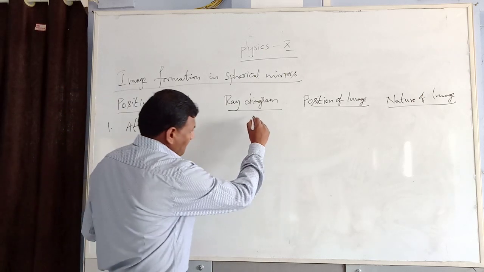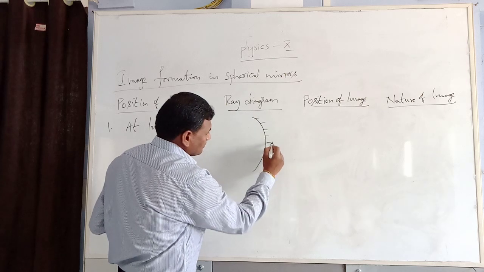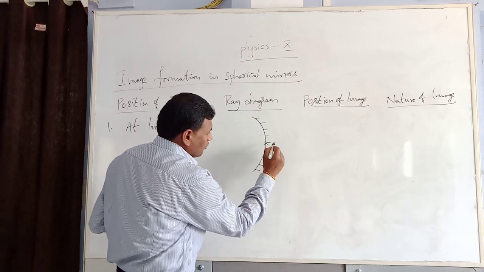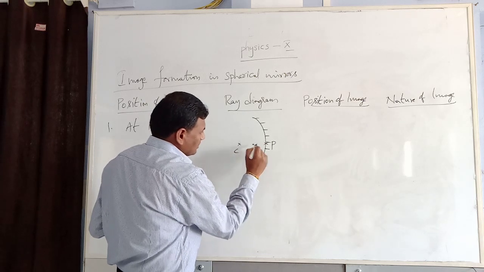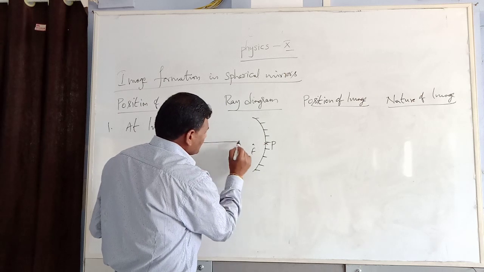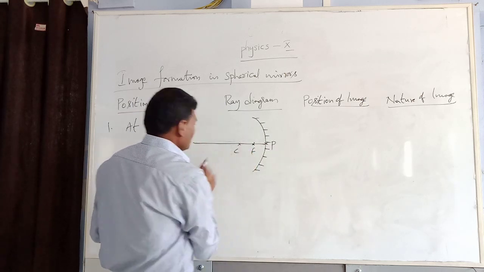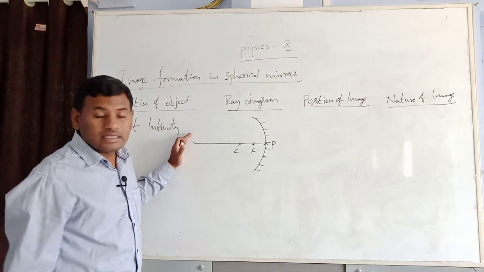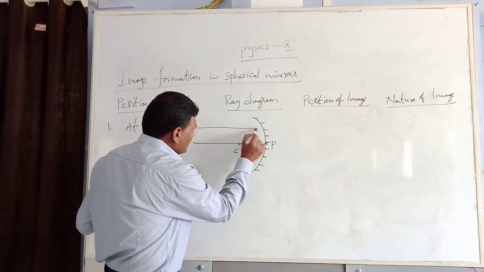Let us see. Consider a concave mirror. Let this be the pole, center of curvature and principal focus, and the line joining these points is the principal axis. So we are considering that the object is at infinite distance and the rays are passing parallel to the principal axis.